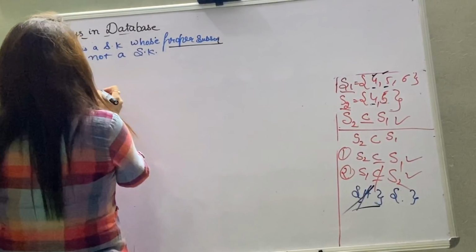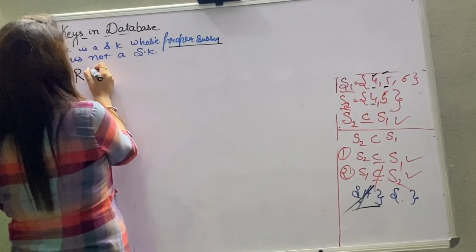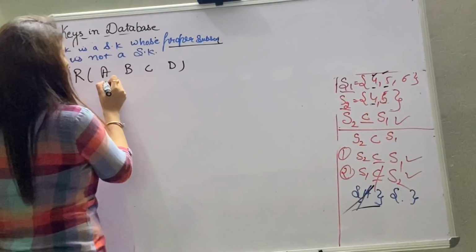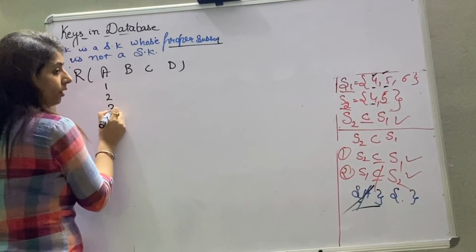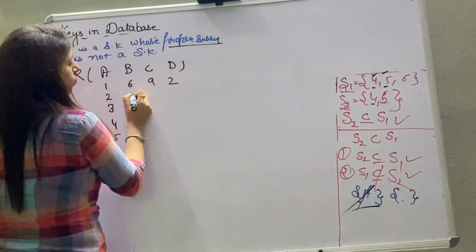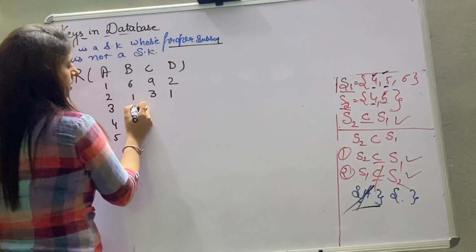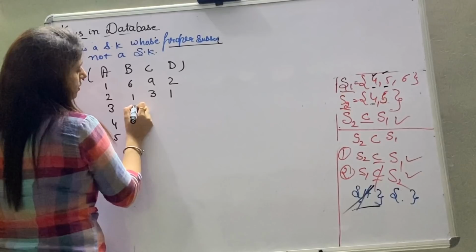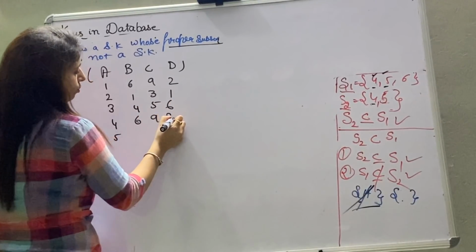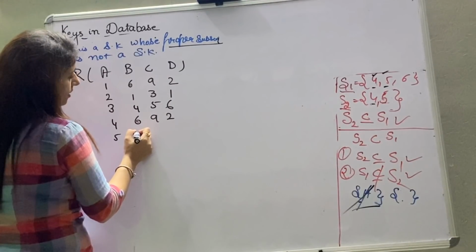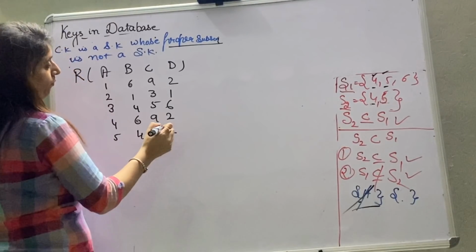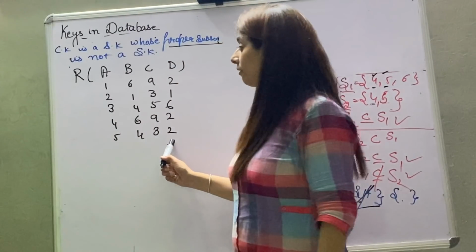Suppose I have a relation A, B, C, D with rows 1, 2, 3, 4, 5; 6, 9, 2, 1, 3, 1; 4, 5, 6, 6, 9, 2; and 4, 3, 2. So this is my relation.